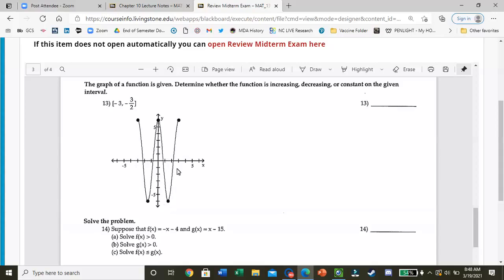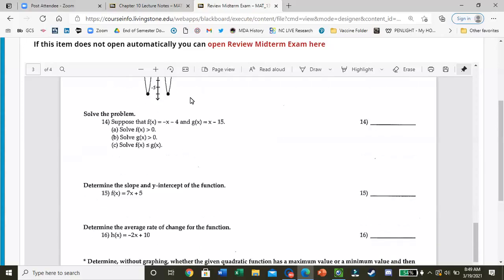It's going from -6 to 6, at an interval from 3 halves to 3, it looks like. So we would write 3 halves to 3. It's increasing. Okay. Questions there?